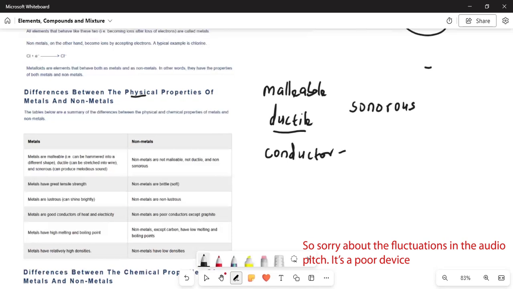So a conductor is what? Something that allows heat and electricity to pass through it. Metals are good conductors of heat and electricity. Why are non-metals non-conductors or poor conductors? Let me not say none because there is an exception, which is graphite. Graphite is a non-metal, but it's a good conductor of electricity.